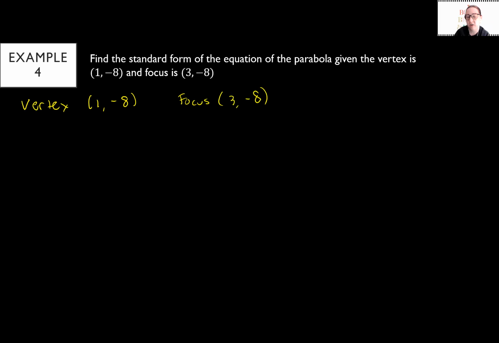And so we have to decide, is this going to be a horizontal or a vertical parabola? I want you guys to think about that, maybe put in the chat or answer out loud. Do you think this one is going to be horizontal or vertical? Because that's the most important decision to get right, is which of the two you need to use.